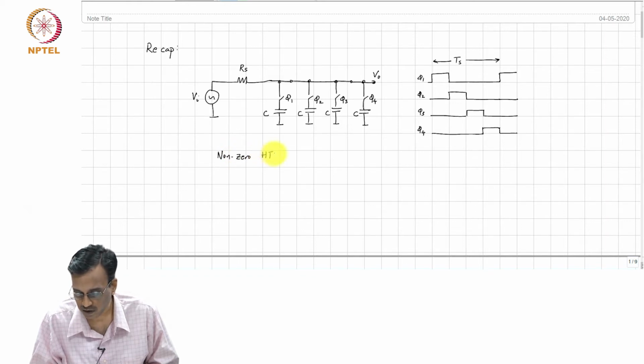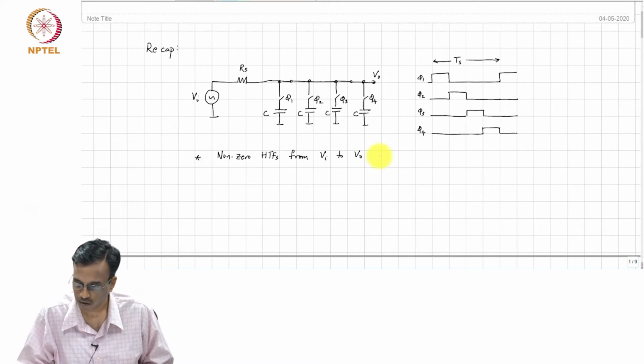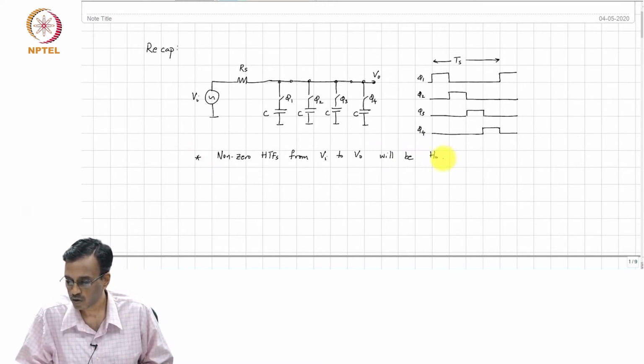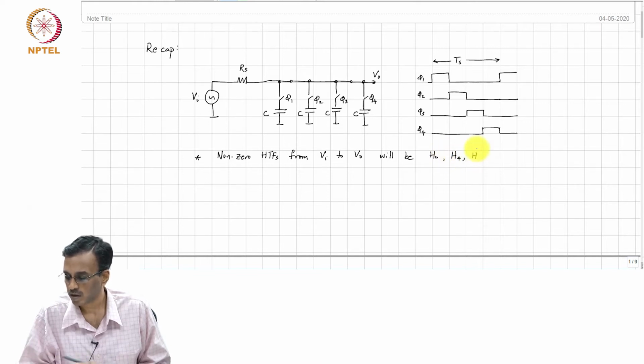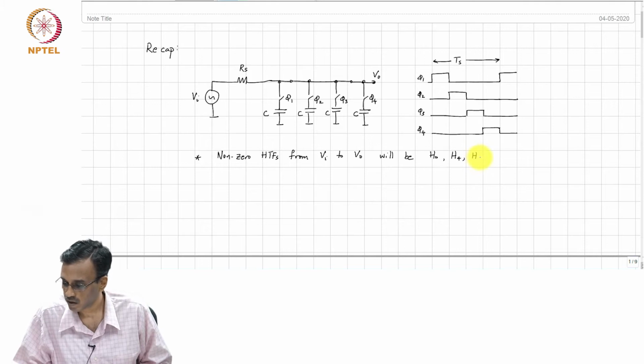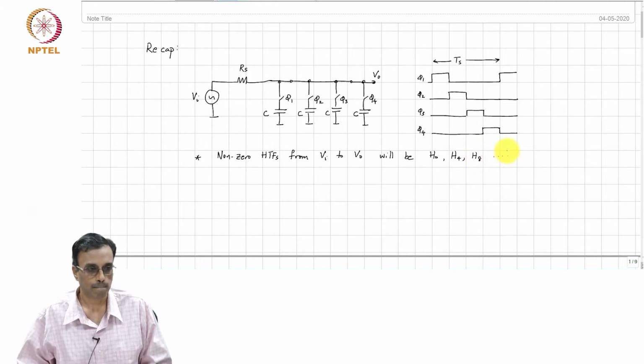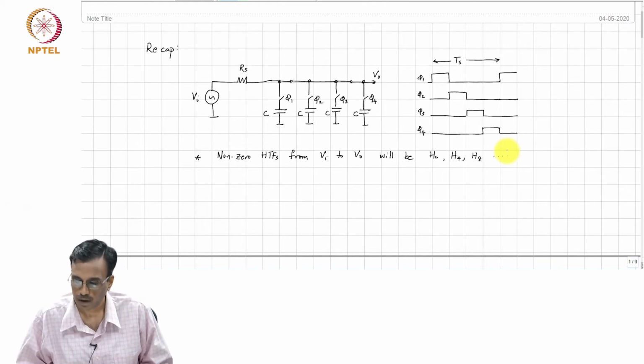So, the only non-zero harmonic transfer functions from V_I to V_O will be H_0, H_4, H_8, etc. Right? Okay.